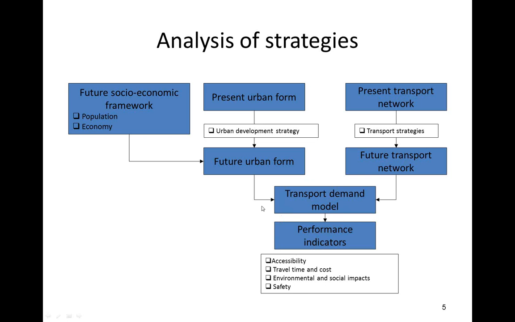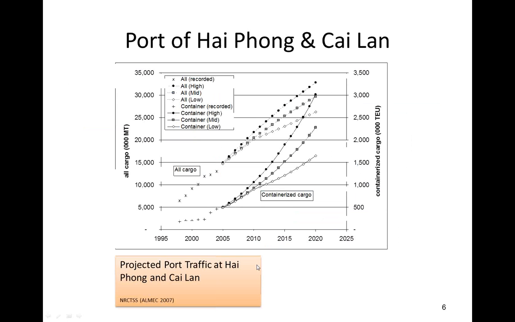So then from the transport demand model, we can derive various performance indicators, and these performance indicators will tell us whether these strategies make sense or not, or whether there is value for money. An example is this particular graph, which was used in the planning of the port of Hai Phong and Cai Lan.